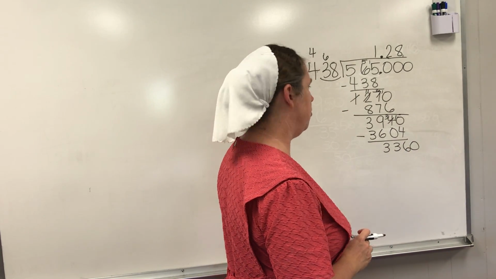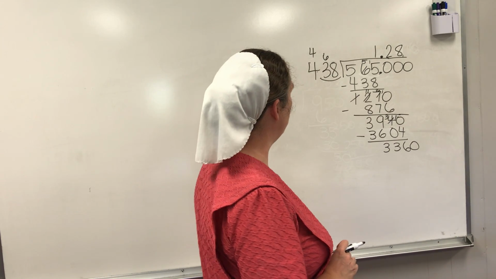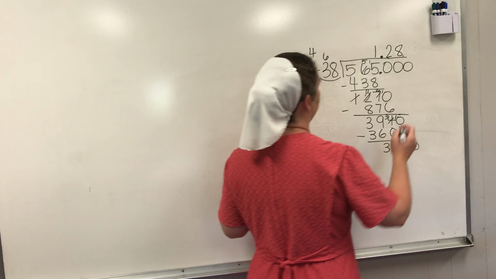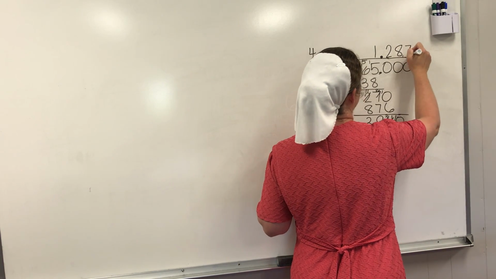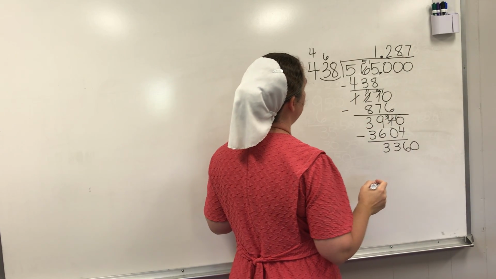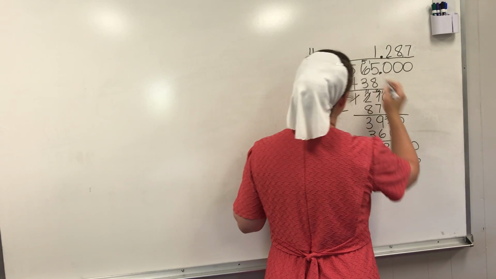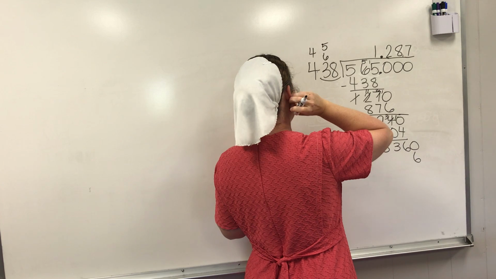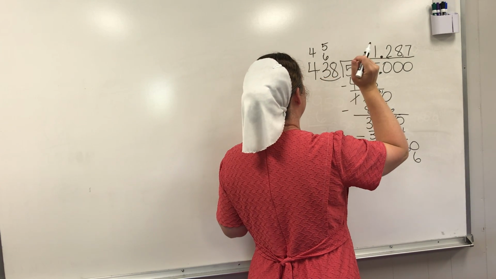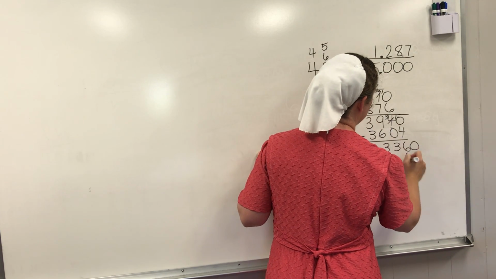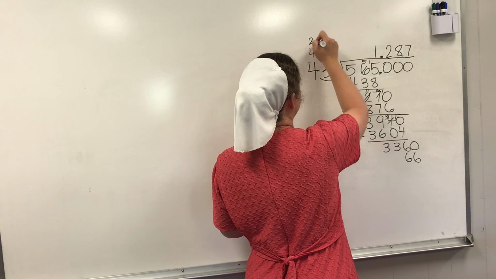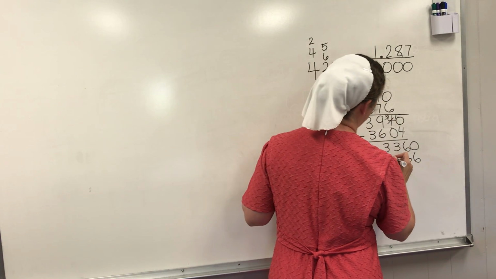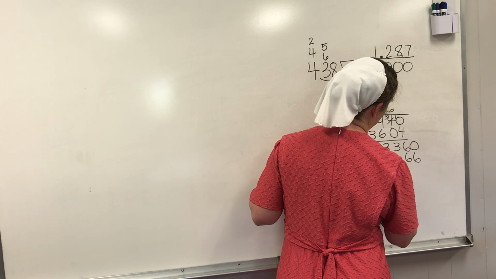4 into 33 is probably going to be 7. Pretty sure 8 is too big. 7 times 8 is 56. 7 times 3, Cheyenne, what is that? 21 plus 5, 26. 7 times 4 is 28, plus 2 is 30.